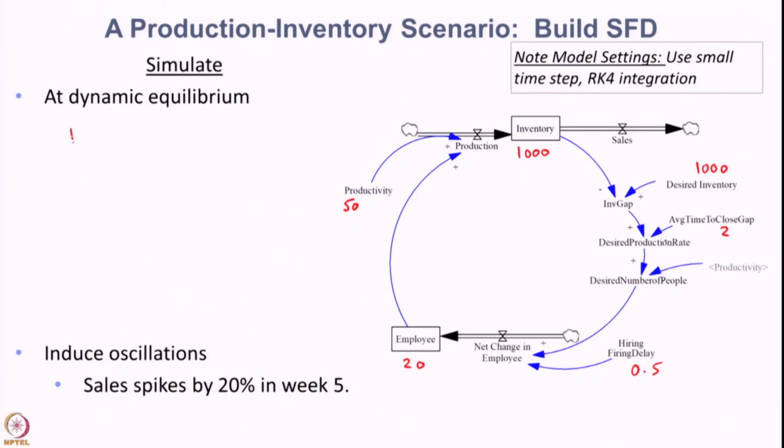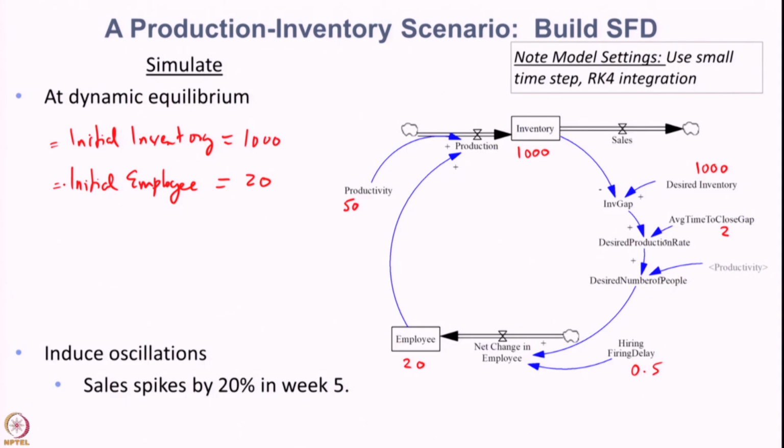So, if initial inventory equals 1000 and initial employee equals 20, the system will start in dynamic equilibrium.